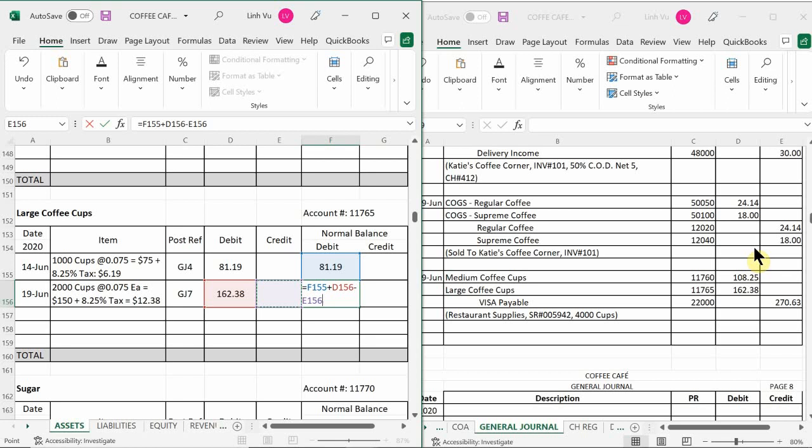What is my ending balance in my large coffee cups? $243.57.